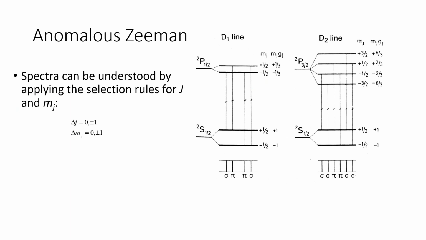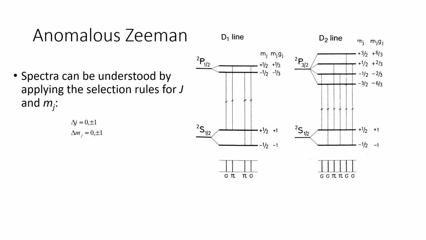The spectra can be understood by applying the selection rule for J and M J here for the D1 and D2 lines. Del J can be taken as 0 or plus or minus 1, and M J can be taken as 0 or plus or minus 1.